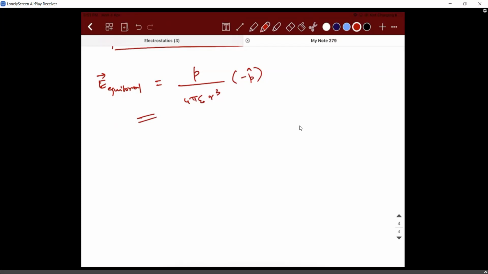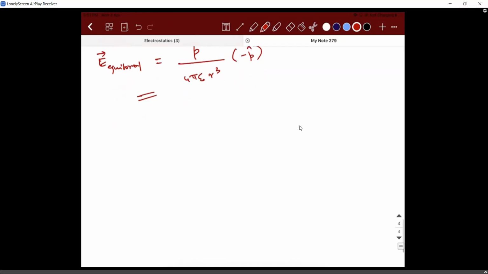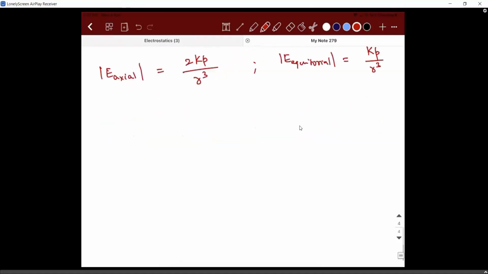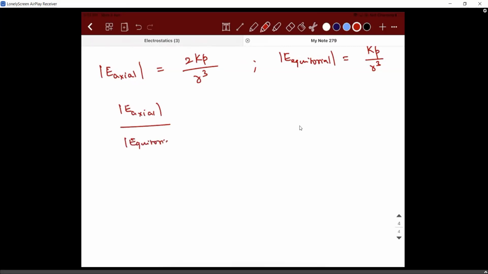Done. Now a last comparison. Magnitude of electric field along axial point is equal to 2kp by r cube. I wrote it as k directly because k is 1 by 4 pi epsilon naught. Magnitude of electric field along equatorial is kp divided by r cube. So magnitude of axial by magnitude of equatorial is equal to 2:1.